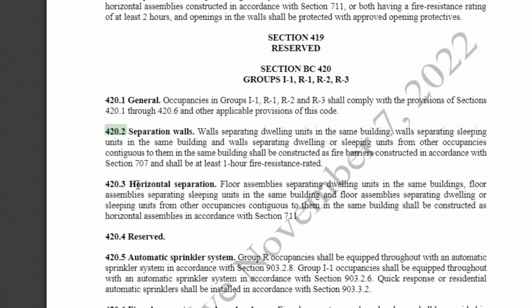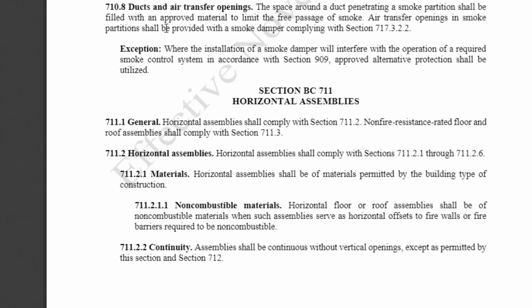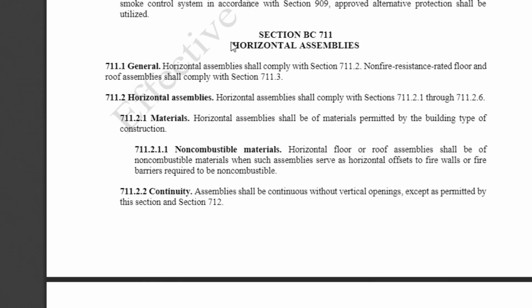And the requirements for the horizontal separation is under this section here. And it states floor assemblies separating dwelling units in the same building, floor assemblies separating sleeping units in the same building, and floor assemblies separating dwelling units or sleeping units from other occupancies contiguous to them in the same building shall be constructed as horizontal assemblies in accordance with Section 711. So if you go back to 711, that's the horizontal assembly section.